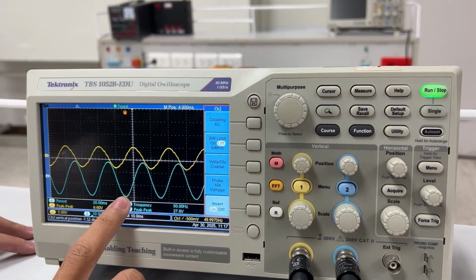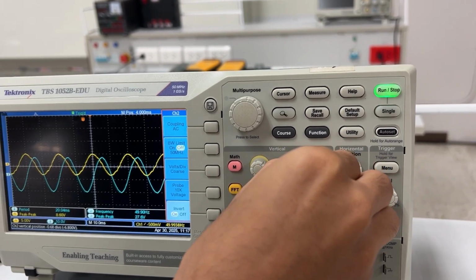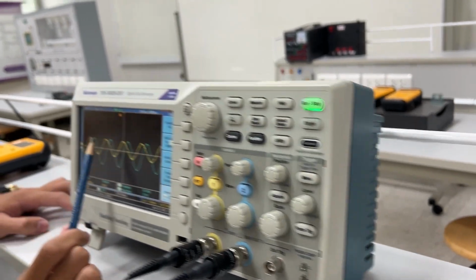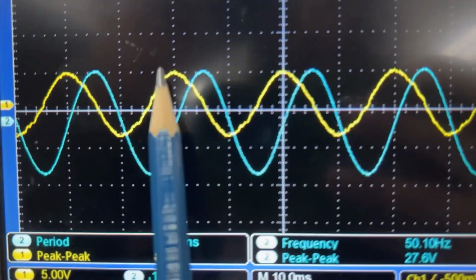And for channel 2, I'm going to pull this up to be the same level as the first channel.